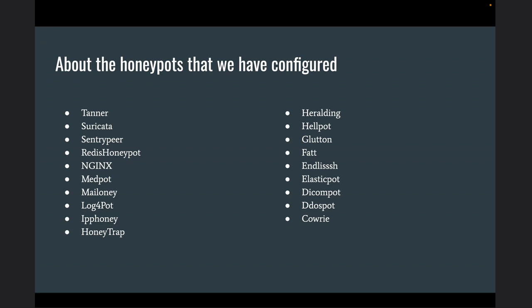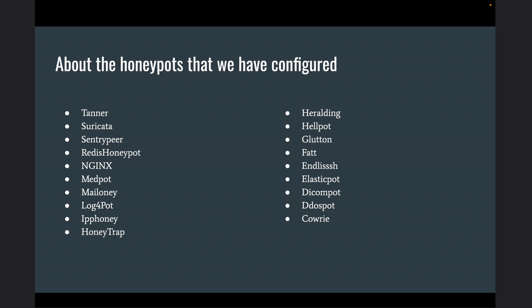Gluton is for network file sharing services like SMB. These can attract attacks on SMB vulnerabilities or attempts to spread malware through SMB shares. What is FAT? It is for FTP servers.